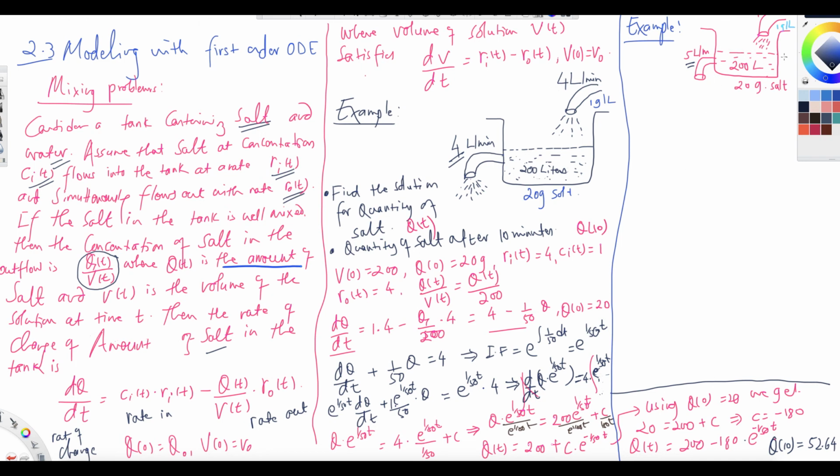There is a tank that has 200 liters of solution with 20 grams of salt. The solution is coming into the tank from a pipe at 4 liters per minute with a concentration of 1 gram per liter of salt, and it is going out at 5 liters per minute. Now you want to find the solution for the quantity of salt.